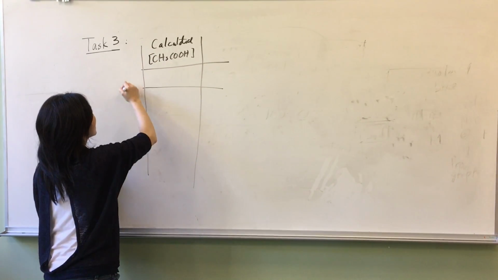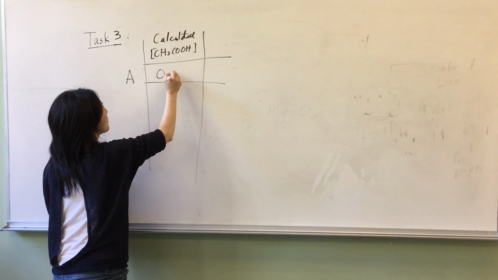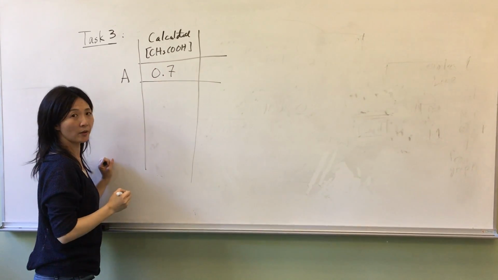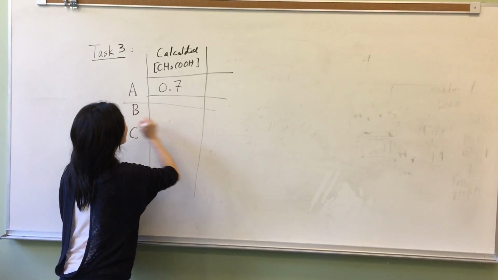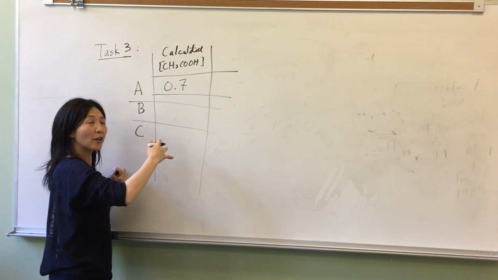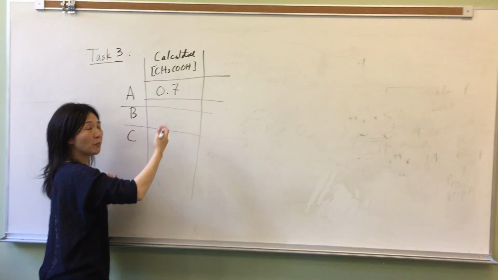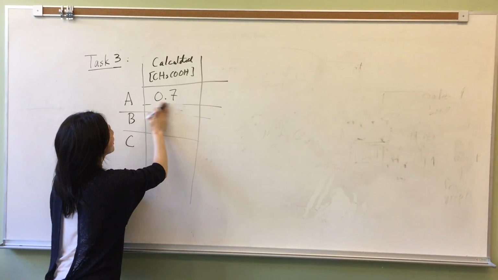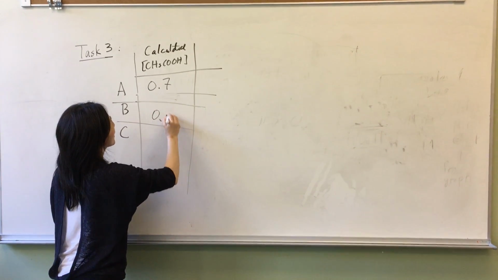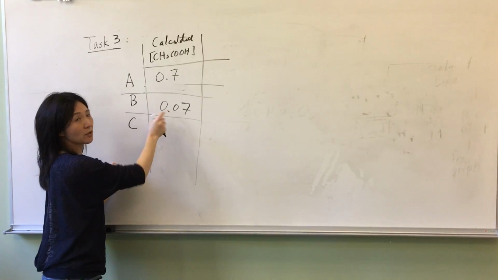Okay? So this A should be, everybody should have 0.7, and then the B, C, and so on. You diluted 1/10 from the previous one, so this one should be 0.07. Oh no, the B should be 0.07, and this one is 1/10 of the B.